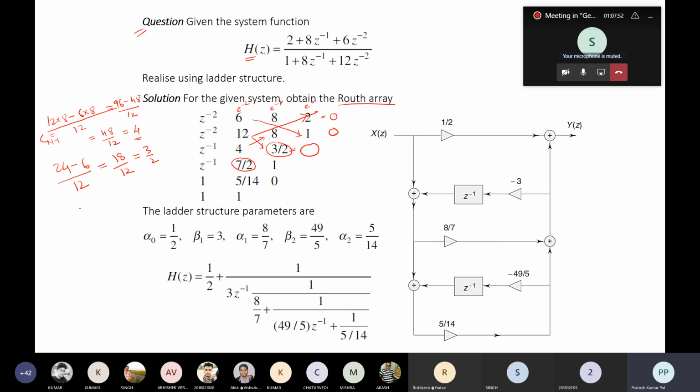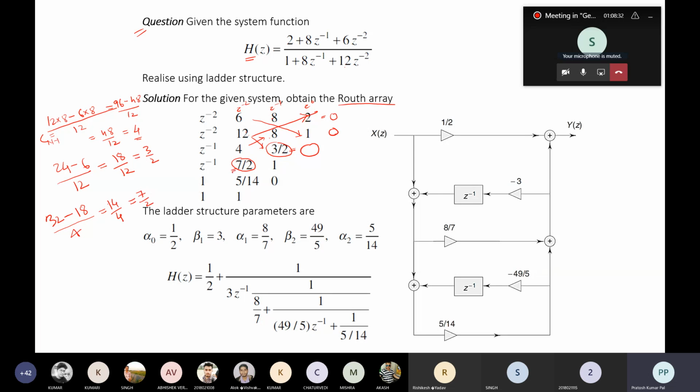So 4 multiplied by 8 minus 12 multiplied by 3 by 2, that is 6 into 3, that is 18, divided by 4. This comes out to be 14 divided by 4, that is 7 by 2.